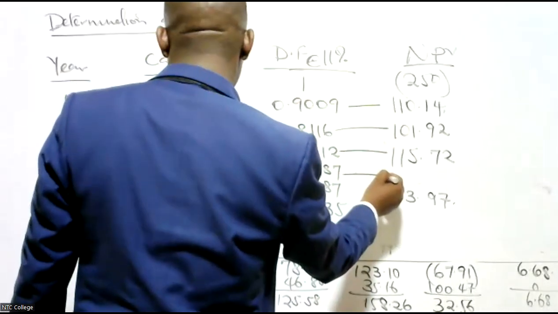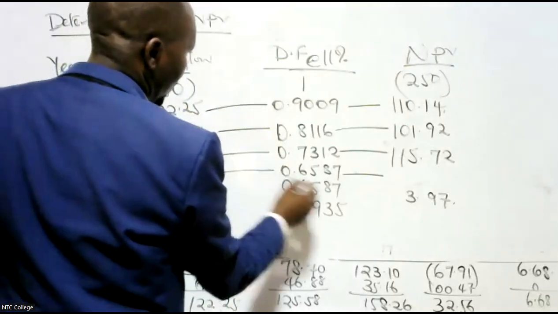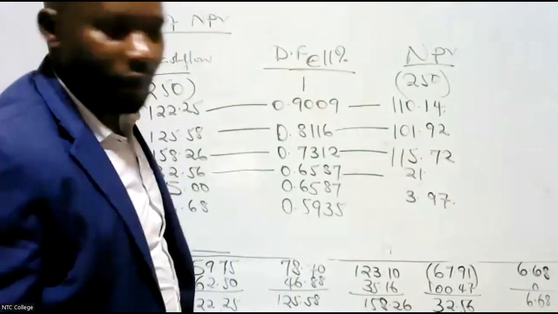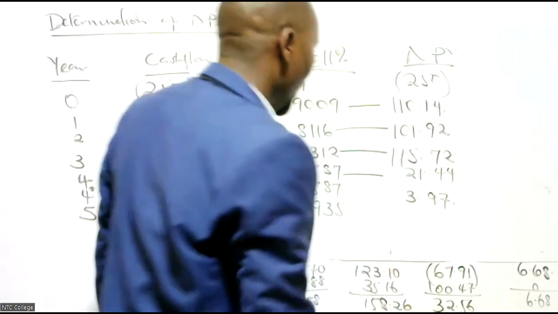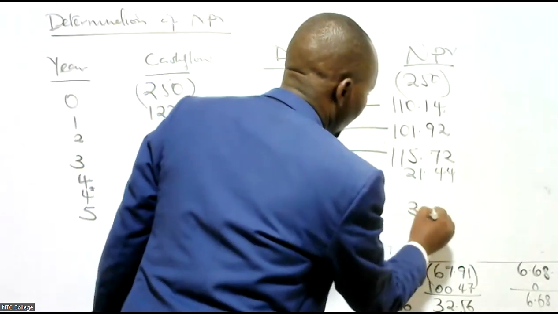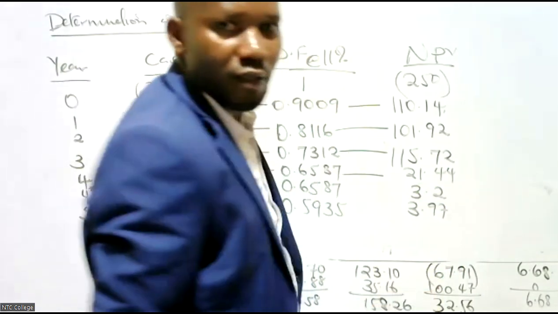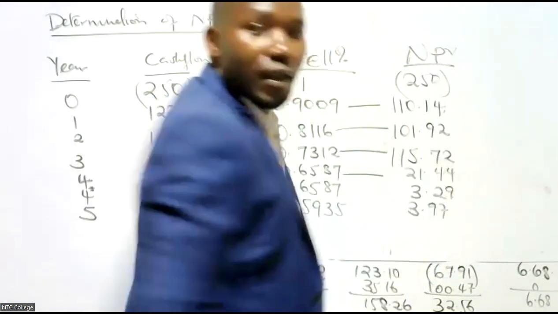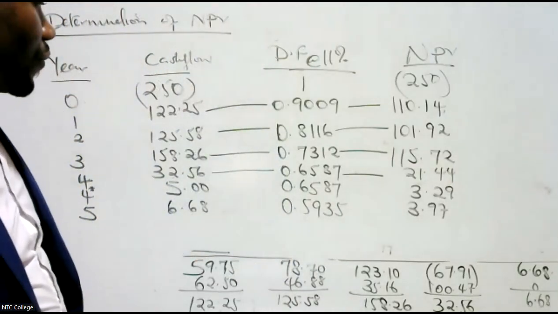Then now ahead. So the 21 was just correct. For the 4 it was 21.44 or 45. And then make this other one 3.97, 3.229. It's fine. Year 4, 21.228.